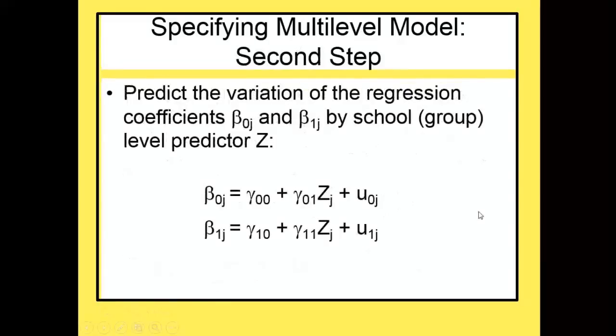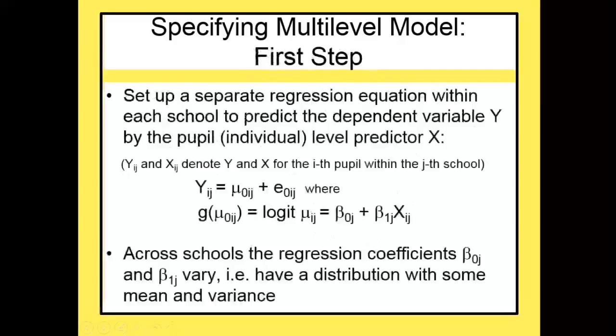So then once you do that, I'm going back to this again, I've got this individual level predictor, but what does this mean? This is the logit of the mean for the ith student within the Jth school, okay? And this is the value for a particular student, the ith student within the Jth school.